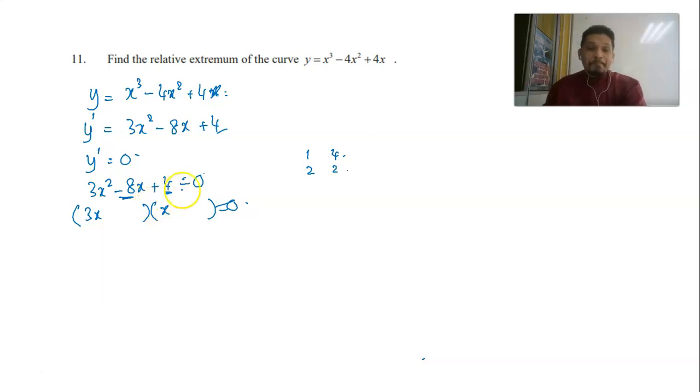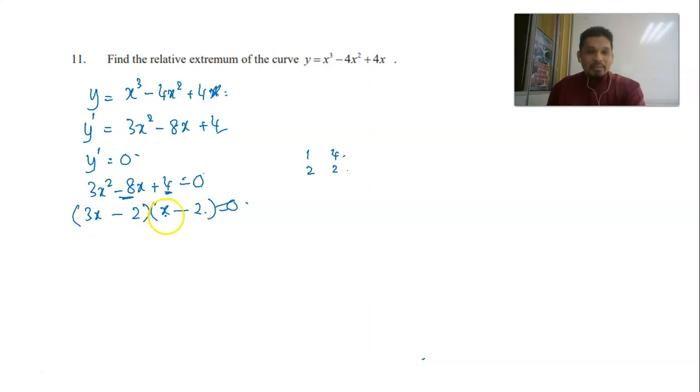Now if I use 1 and 4, 3 times 1 equal to 3 plus 4 equal to 7, it would not give you 8 here. Or 3 with 4 equal to 12, and then minus 1 equal to 11, so it will not give you 8. Let's try with 2 and 2 here. 3x times 2 equal to 6x, and then 2 times x equal to 2x, so the sum is 8x. So it is 3x minus 2, and then x minus 2.